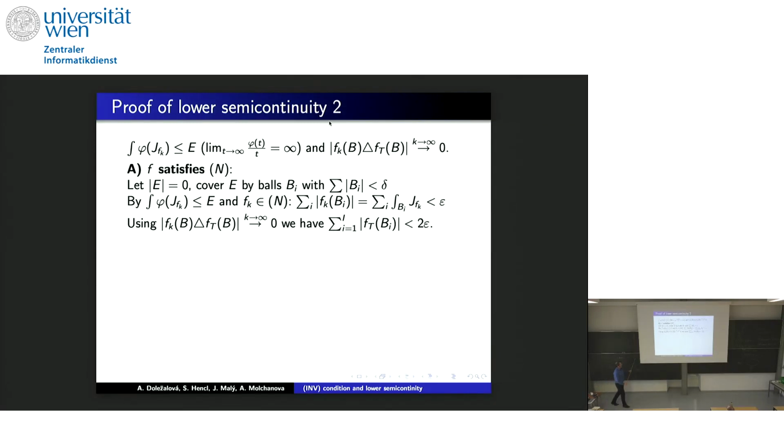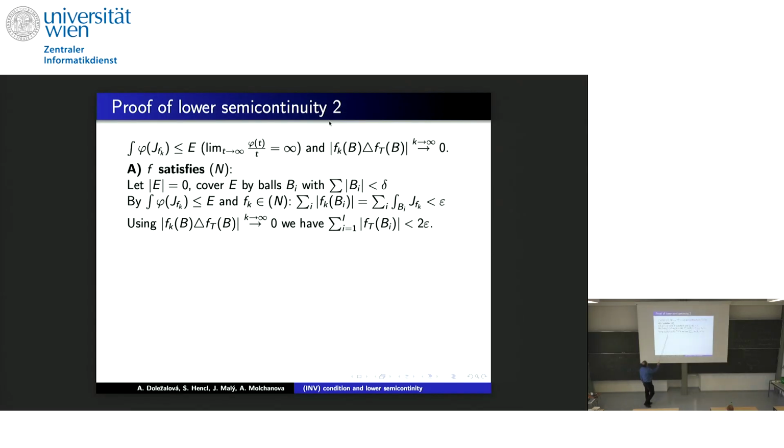So recall the assumptions because everybody forgot. So we have Jacobians that are equi-integrable, so not just bounded in L1, but L log L or something like that. And we know that the symmetric difference of the image of the ball and the image of the ball tends to 0. So first we assume that our f_k satisfy N and that the limit function satisfies N as well.